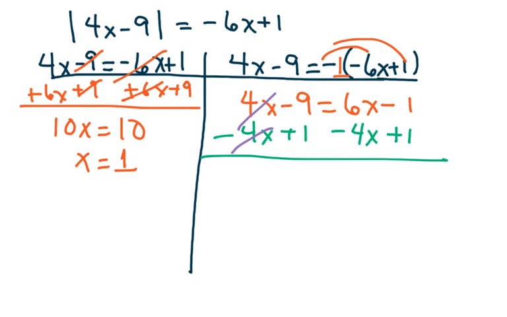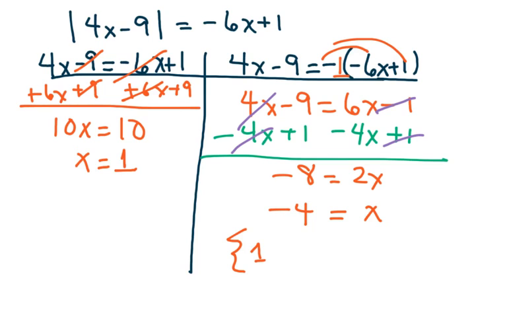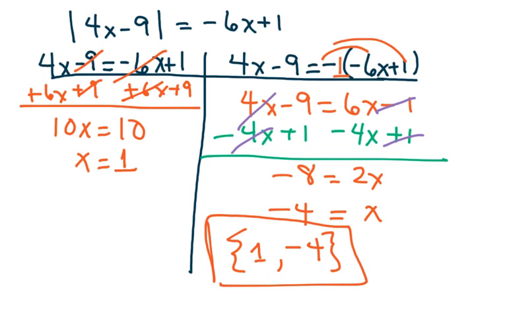This cancels, and then we're going to get negative 8 equals 2x. So x equals negative 4. I just divided both sides by 2 here. And your solution set's going to be 1, negative 4. And again, just plug it in and check your solutions.